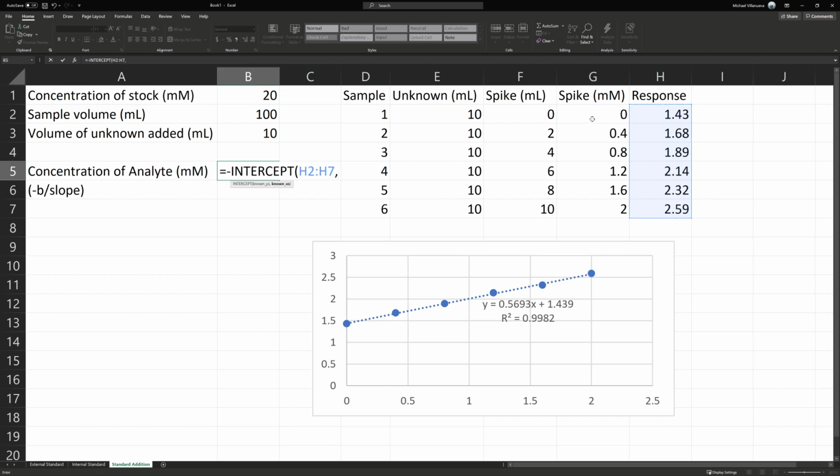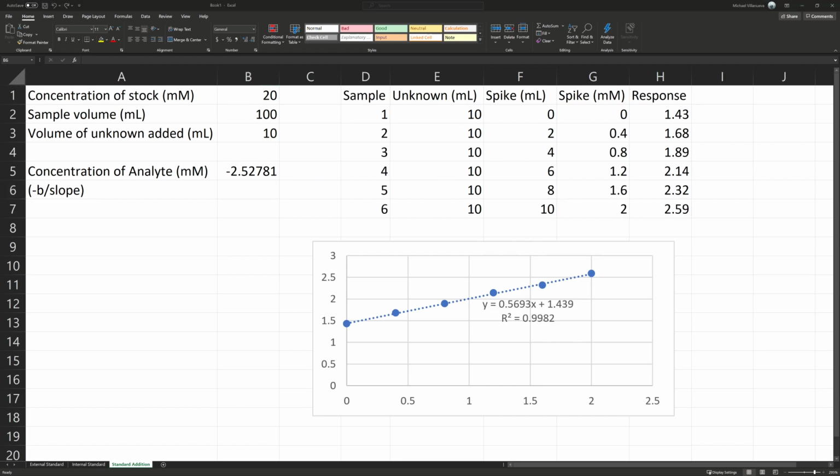The x value is going to be our spike concentration. Close parentheses. And now we need to divide this by the slope, SLP. Select it. Known y values, response, comma, known x values, close parentheses, hit enter. So this is the value that I am getting.